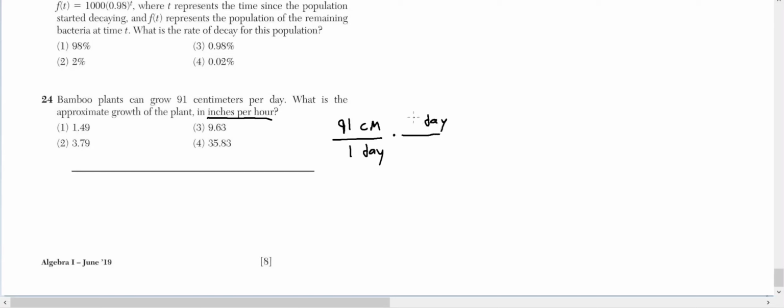So 1 day up here is worth 24 of our target unit, which is hours. Similarly, we need to cancel out centimeters to get inches. So we need to put centimeters down here and inches here. Now, if you look in the reference tables at the back of the Regents, it has the conversion that 1 inch is worth 2.54 centimeters.